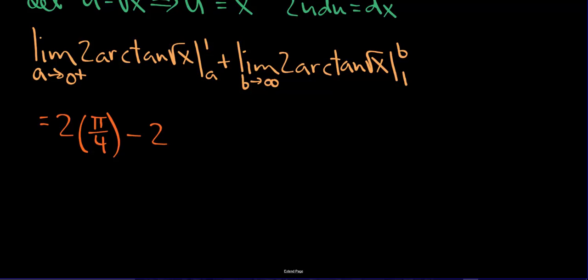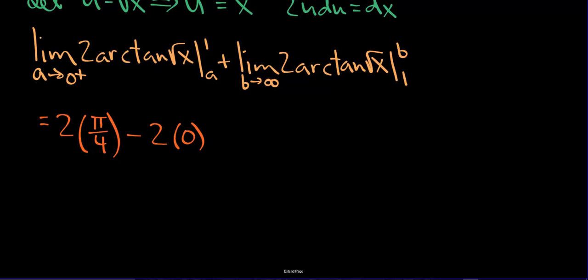Now, as a goes to 0, what is arctan? It's going to be 0, isn't it? There's what we have for that first one. Y'all see that? Because arctan of 0 is 0.